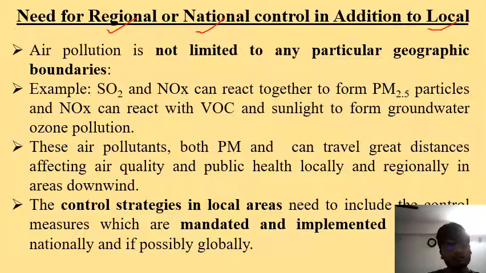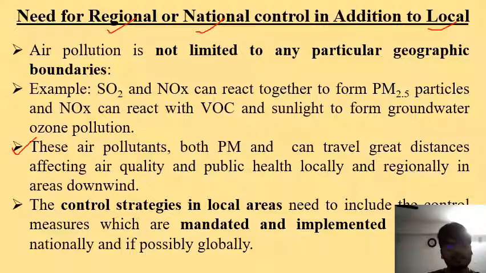So different air pollutants can react together to form other pollutants, and later on it can create a problem for the entire society, the entire region, the entire state, and the entire country. The third point is that these air pollutants, particulate matter especially, can travel great distances.